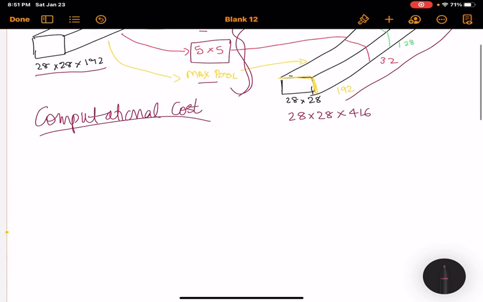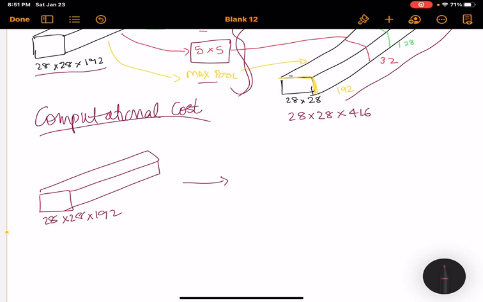So let us just take our 28 cross 28 cross 192 input and look at the 5 cross 5 convolution. So it is 5 cross 5 cross, obviously, 192, and I had used padding equal to same, and in my example the number of filters is equal to 32.